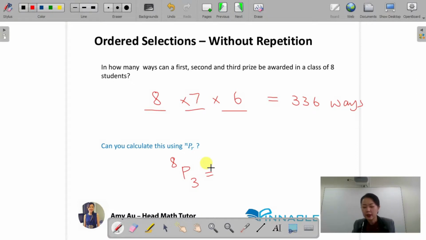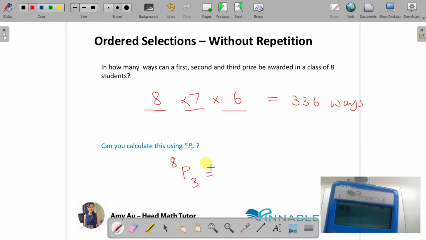So if you have the standard Casio calculator, you will see the nPr button on the little multiplication sign in yellow. So I'm going to type in 8, shift my multiplication sign, 3. So it looks something like this. Okay, so it should come out 8P3.